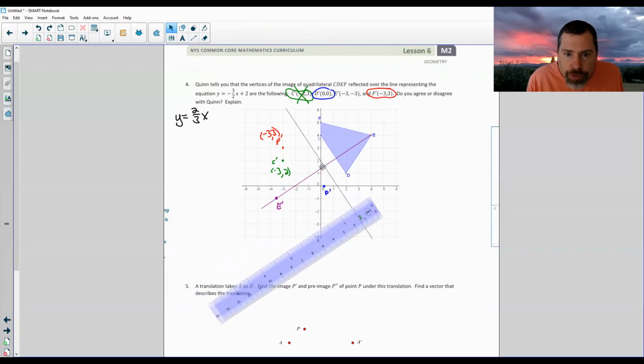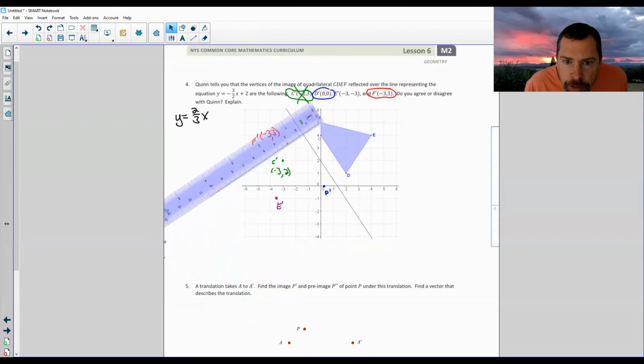Now if I move this line to F, that is the correct slope. This point is somewhere on that line. So let me move the point. This point here is going to go somewhere on this line with a slope of 2/3. Okay, just trying to get this accurate.